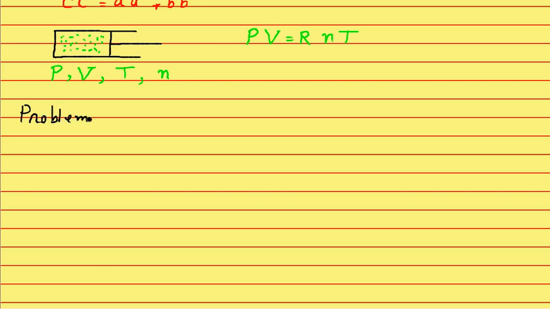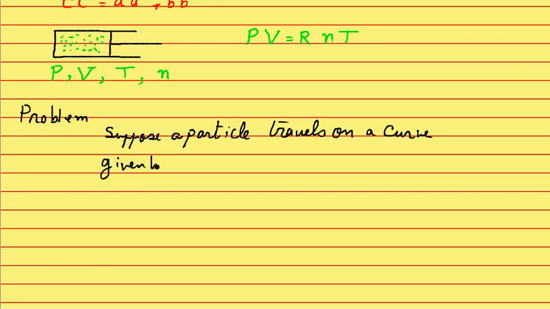Similar to the problems you see in the text. Suppose a particle is traveling on a curve given by y is equal to, say, the radical of x squared plus 2x plus 17.